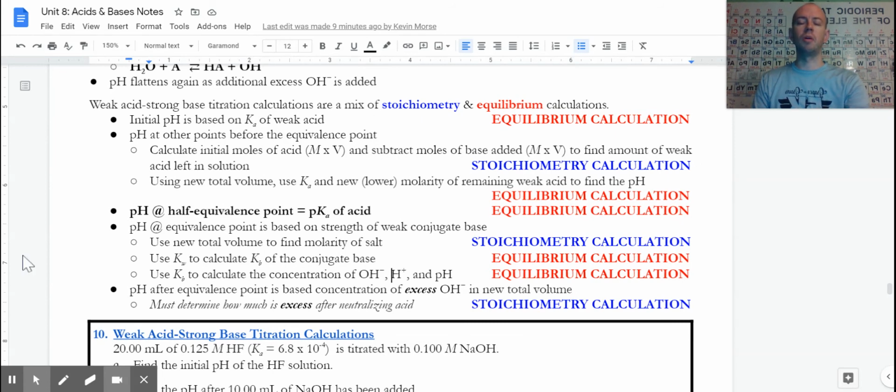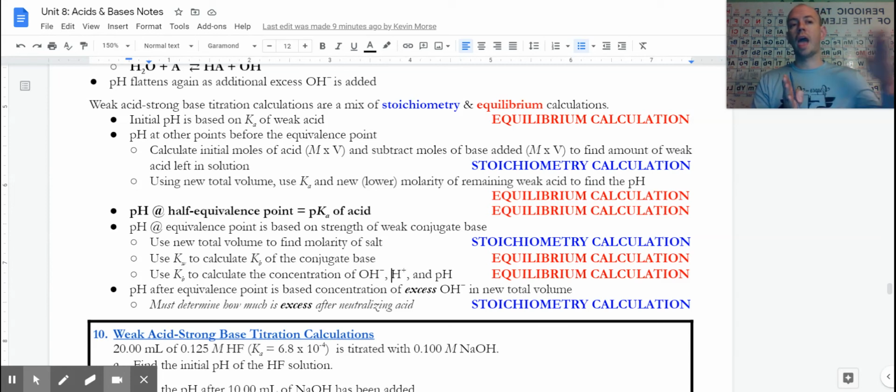After the equivalence point, it is all or pretty much all stoichiometry. Although we do have a weak conjugate base in excess, the hydroxide ion is way stronger than that. So we have to think about how much of the hydroxide is left over. The first part of the hydroxide was used to get to the equivalence point.